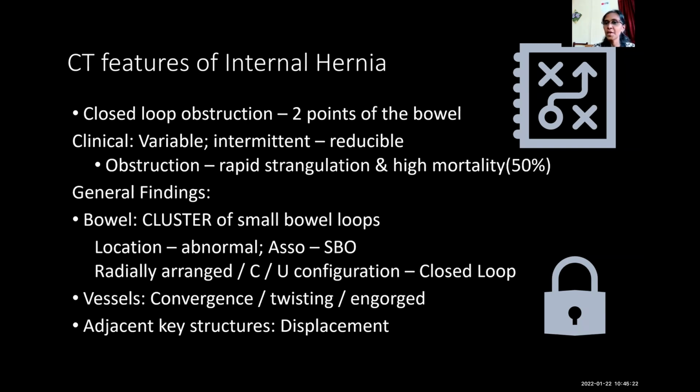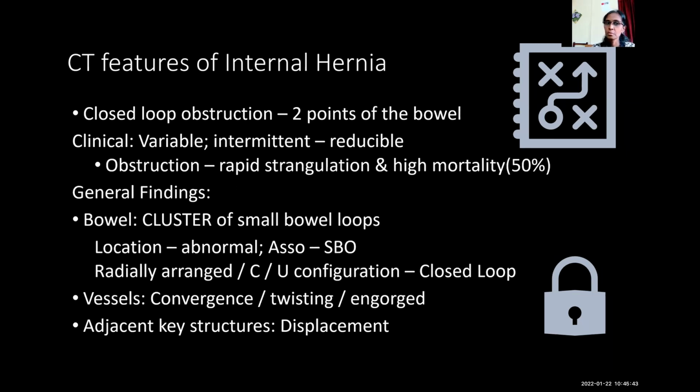That is why the risk of strangulation and the mortality associated with internal hernia is much higher than with an ordinary small bowel obstruction due to a neoplasm in the ileum or the large bowel. That's why we're worried about internal hernias. So when there are 2 points of narrowing, think of closed loop obstruction.